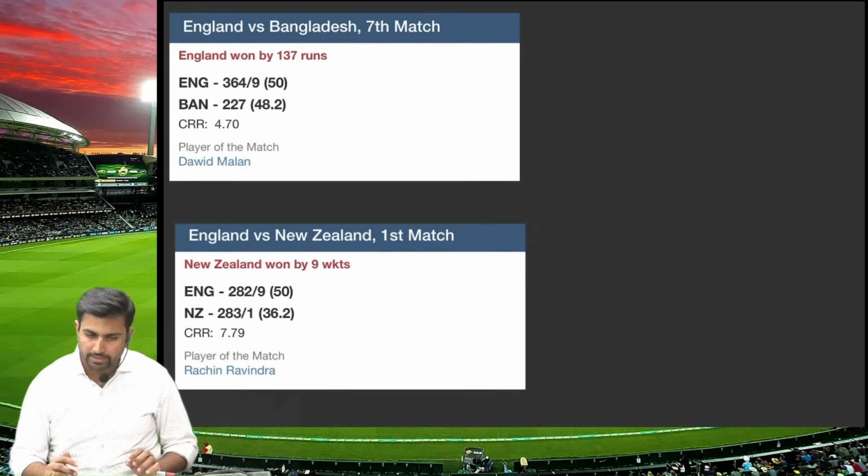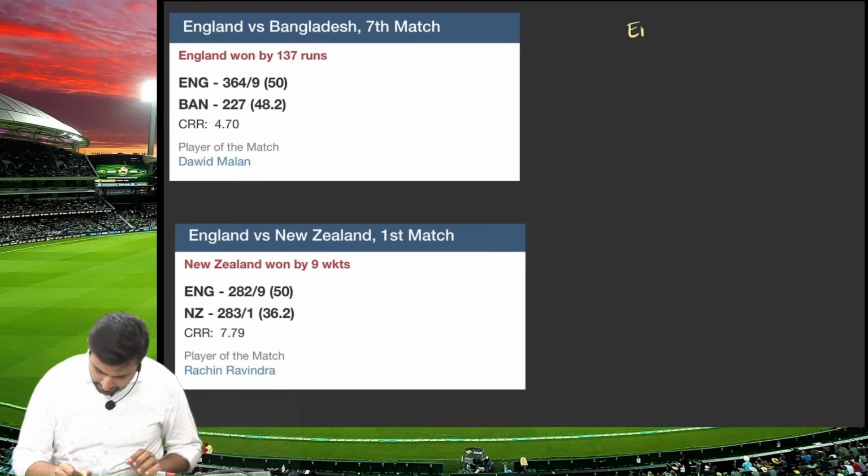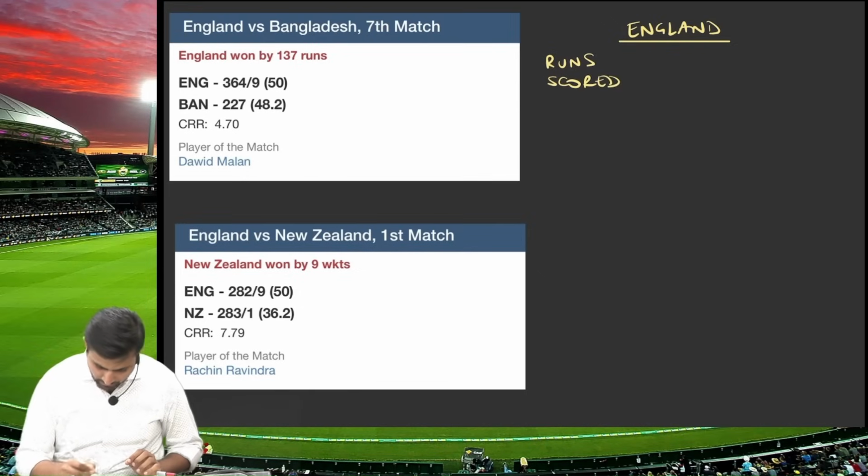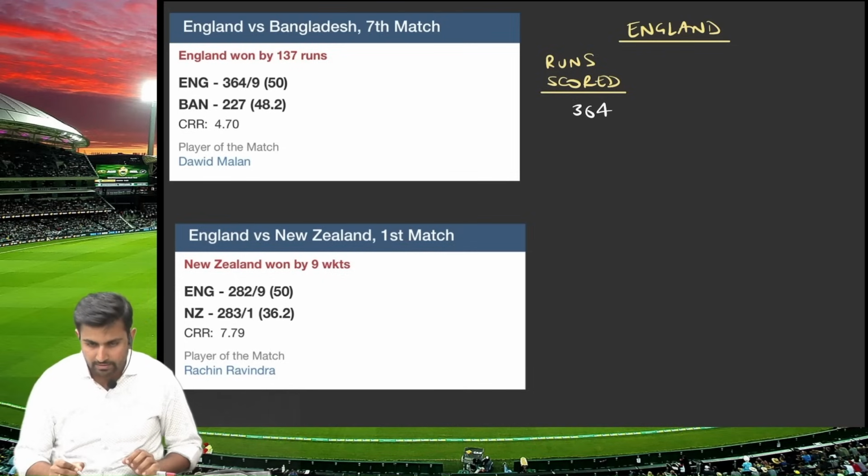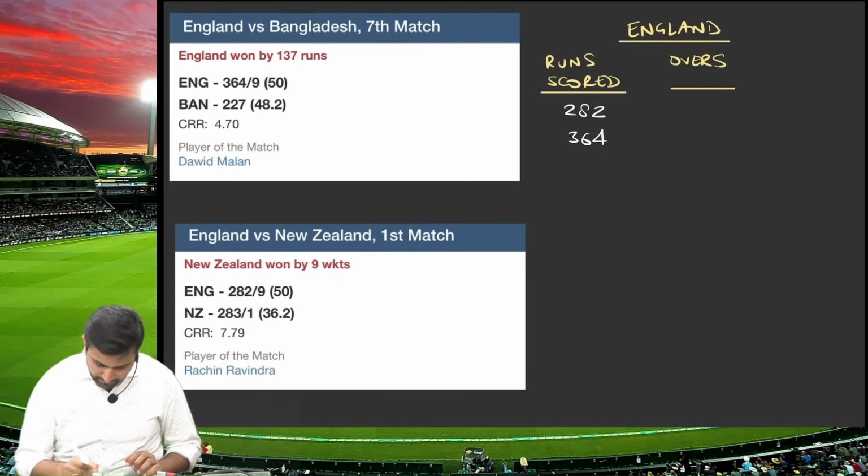So here, if we calculate England's net run rate, we will have to see the number of runs scored by England. Individually, 282 in their first match and 364 in their second match, which we will compare with the number of overs that they had played to score those many runs.